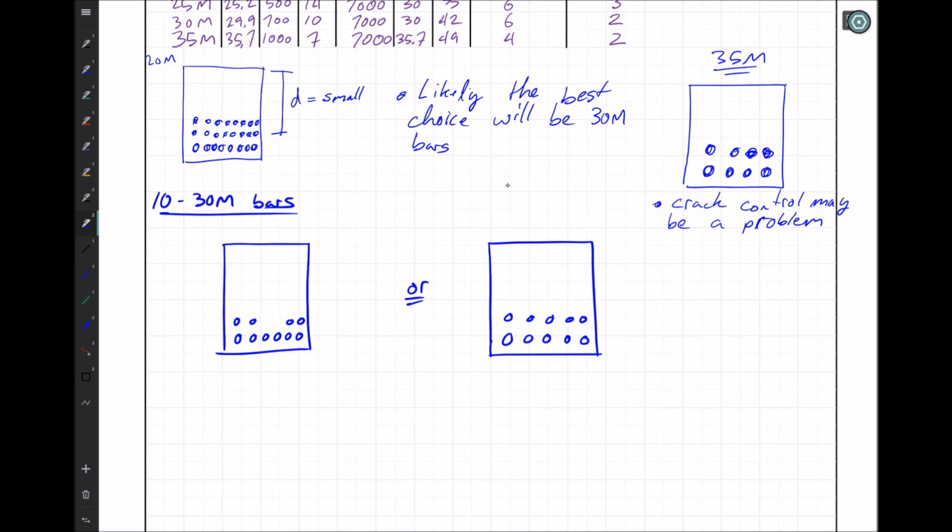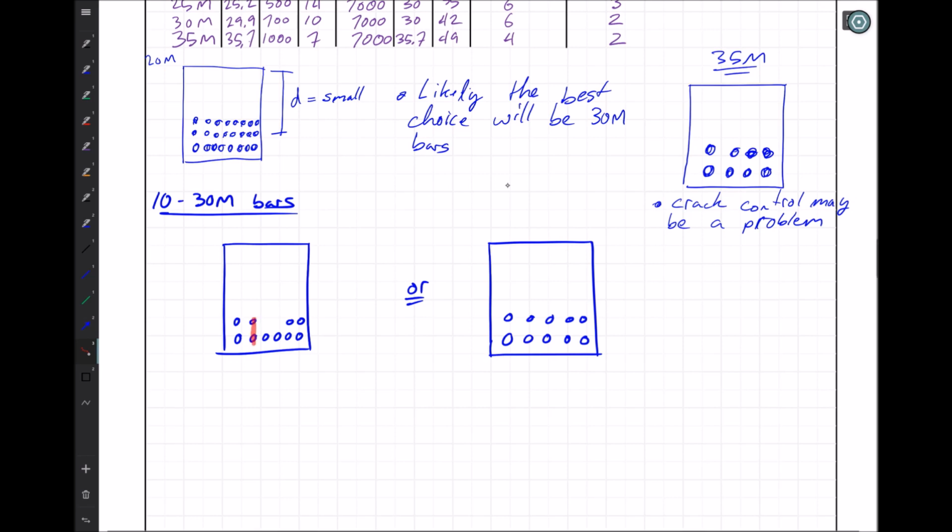Either are acceptable. If we look at this option over here, we could say this will have a slightly larger value of D than the value over here, all else being equal. That's because the centroid of these bars is a little bit closer to the bottom than the centroid of these bars right in the middle. But that's going to be very negligible. Either are fine.